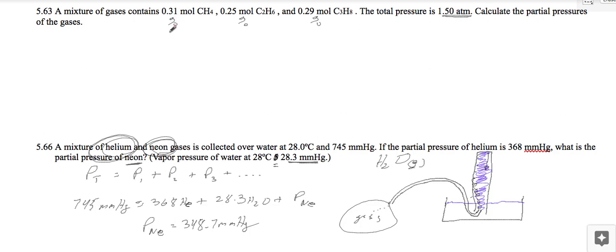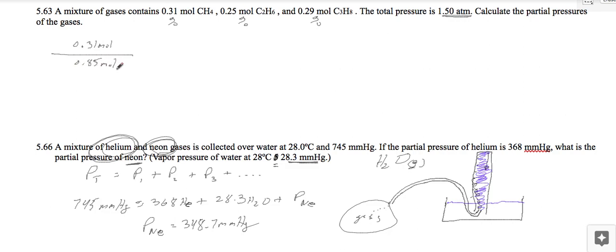So if this is like 20% of the entire thing is methane, then 20% of the pressure is given to it by methane. So we can do this by taking the 0.31 moles of methane and divided by the total moles. The total moles in this case is going to be, maybe I don't have that, 0.85.